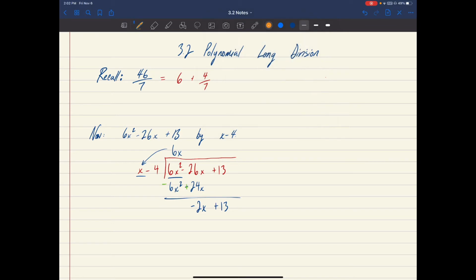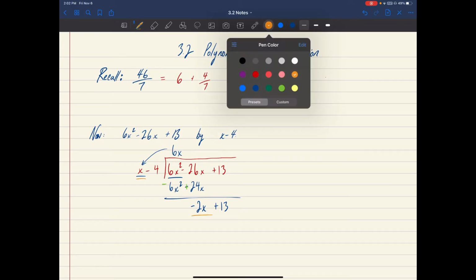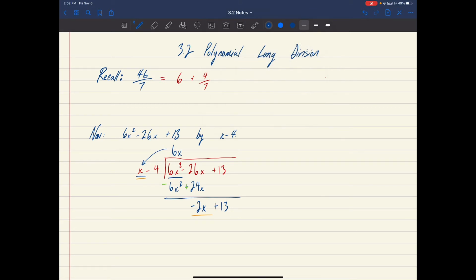We take our negative 2x and divide it by x. Negative 2x divided by x is negative 2. Then we do the same thing that we did with the 6x, where we multiply it by x minus 4.